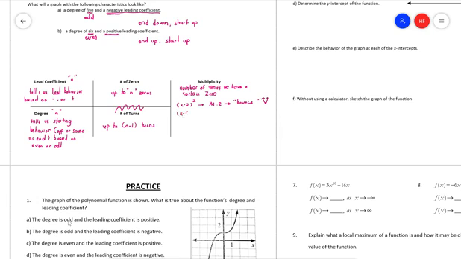Multiplicity of 1. So when it's just something like x minus 2, it will go straight through. So that would be a 0 that does something like that. It's just going straight through the point.